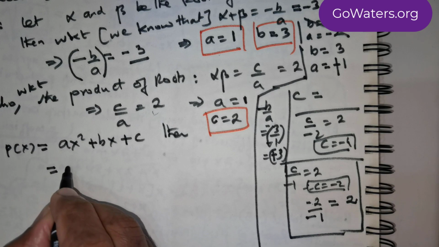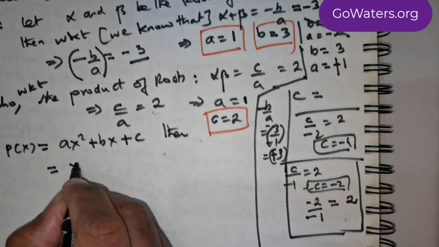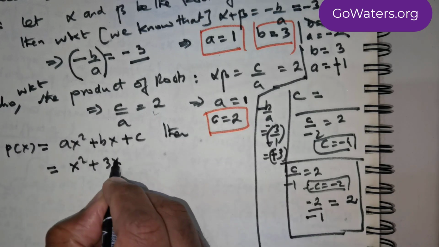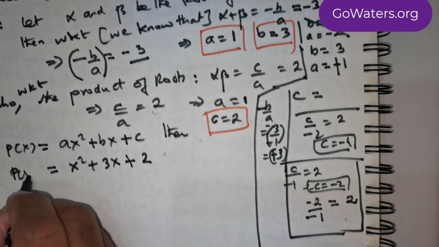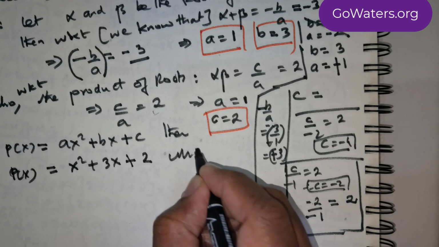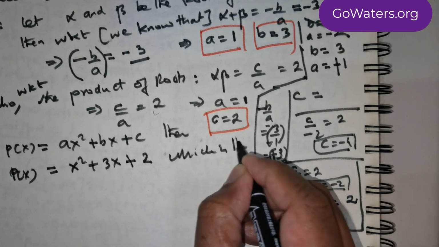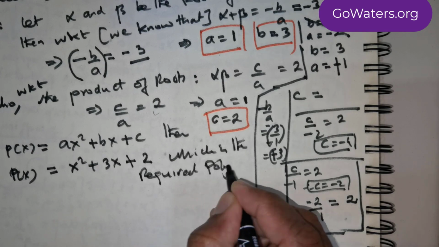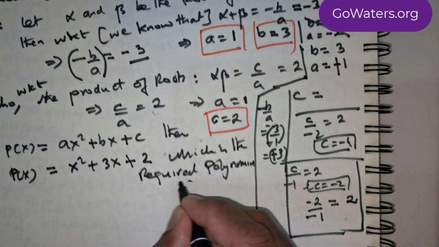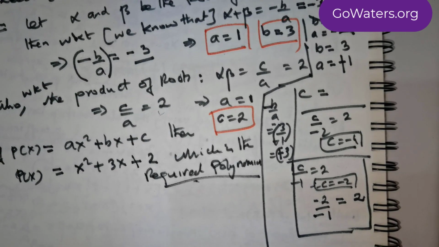So a in this case is 1, so it's going to be x squared, b is 3x and our c is equal to 2. So this is the required polynomial. So that is the solution for this question.